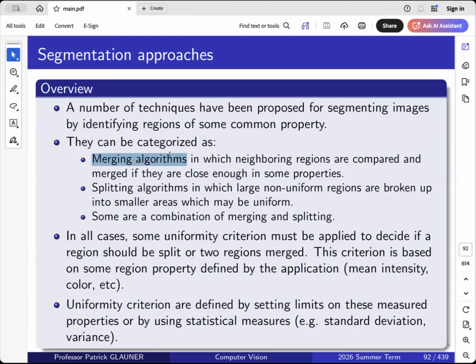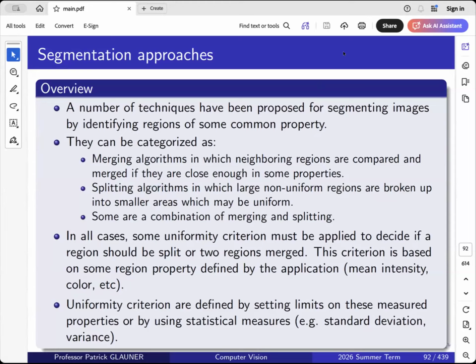So the merging algorithms are bottom-up algorithms because we start with very simple pixels and then look at their neighbors and keep merging until we find new pixels that don't match these criteria. So it's a bottom-up approach. The other approach are splitting algorithms.